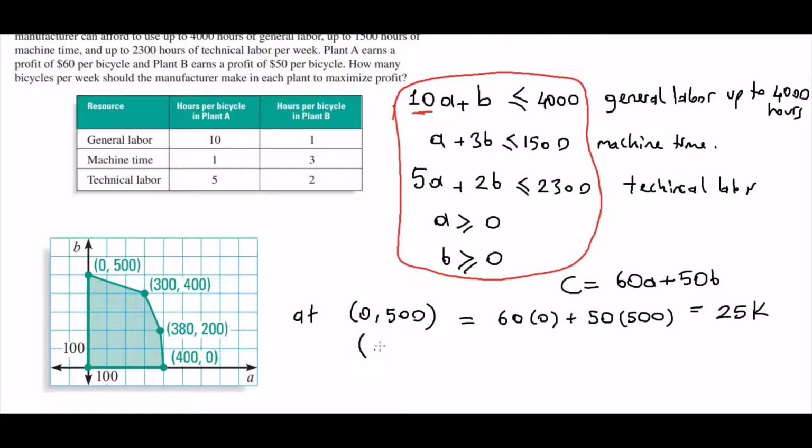And at (300, 400), the second vertex here, if you plug in 300 on A and 400 on B, you're going to obtain 38K.